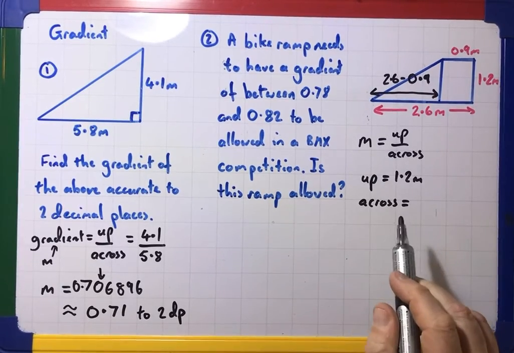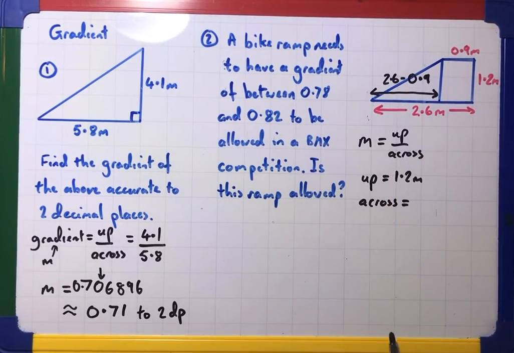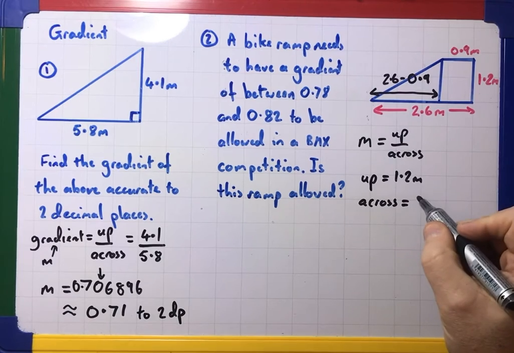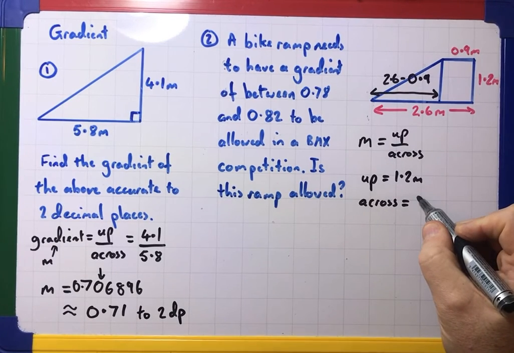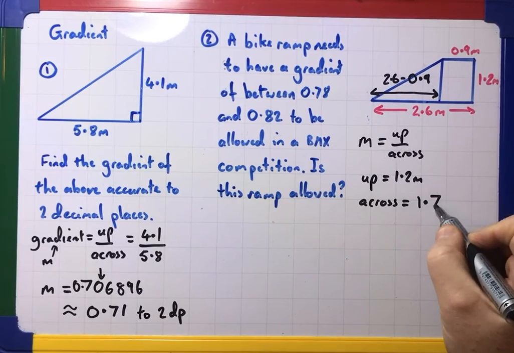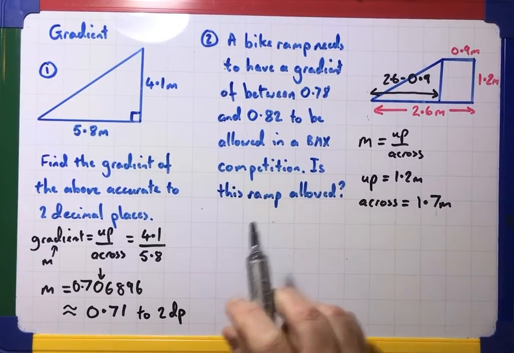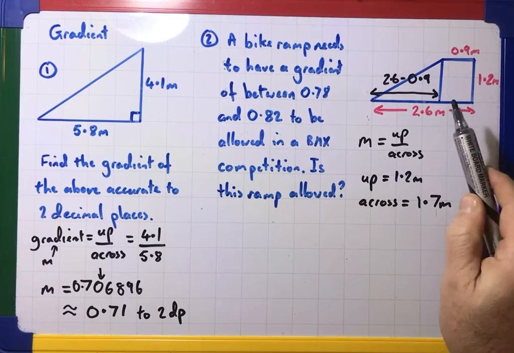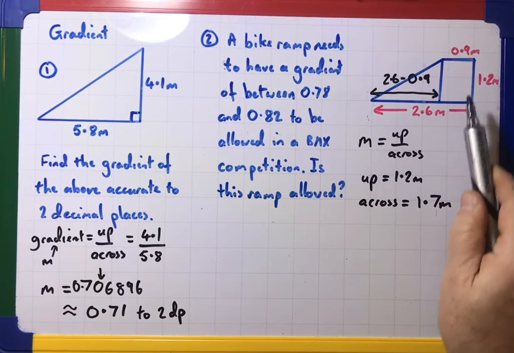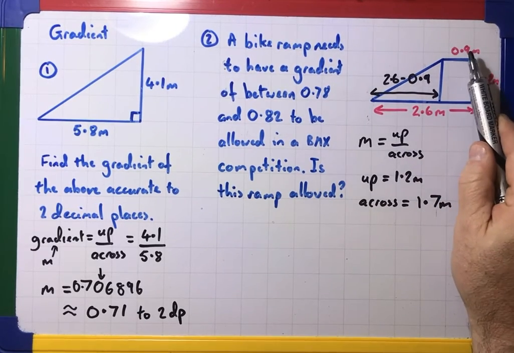That will give me 1.7 meters. So it's 1.7 meters across, because the whole distance was 2.6, but part of that is the top of the ramp, which is flat, horizontal.